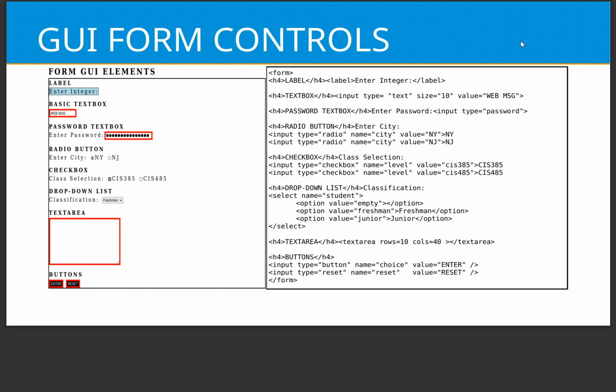The buttons allow the user to click and trigger submission of the data. When you submit or reset, they form an event which is processed by the browser or the server. We also have checkboxes, radio buttons, and drop-down menus.